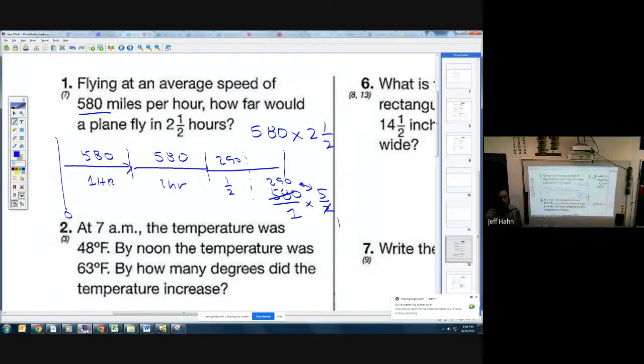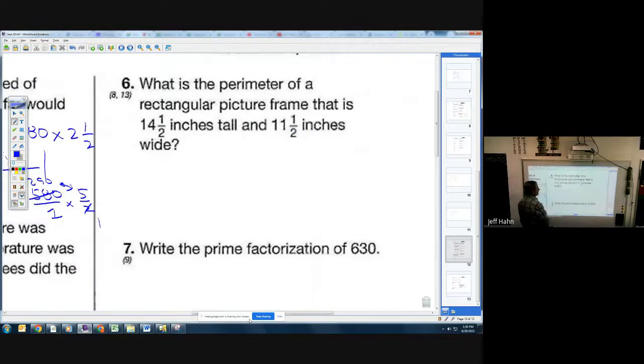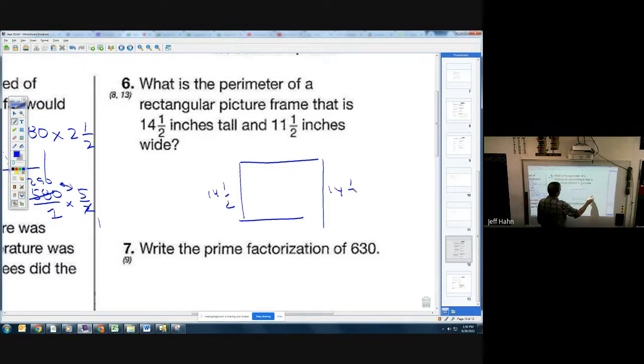2 questions on that test, Riker? Then back, you say, hey, do all these problems twice. Our car. What was the answer to that? Oh, what do you have? I have 52. You know why it's 52? Did you draw the rectangular picture frame? Yeah. And you added 14 and a half, 14 and a half, 11 and a half, and 11 and a half?